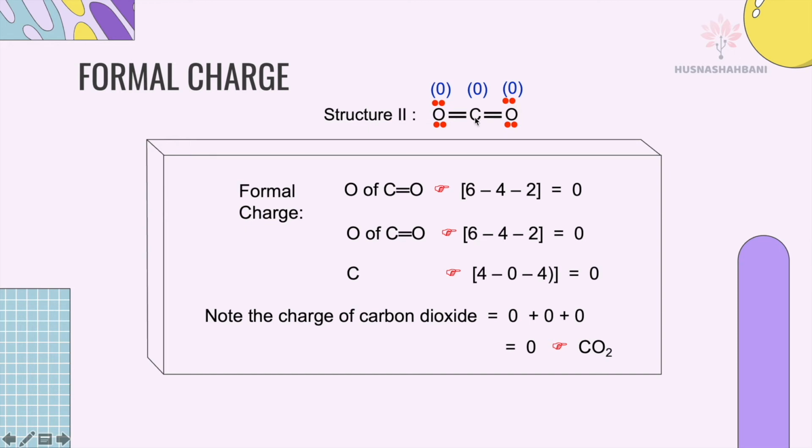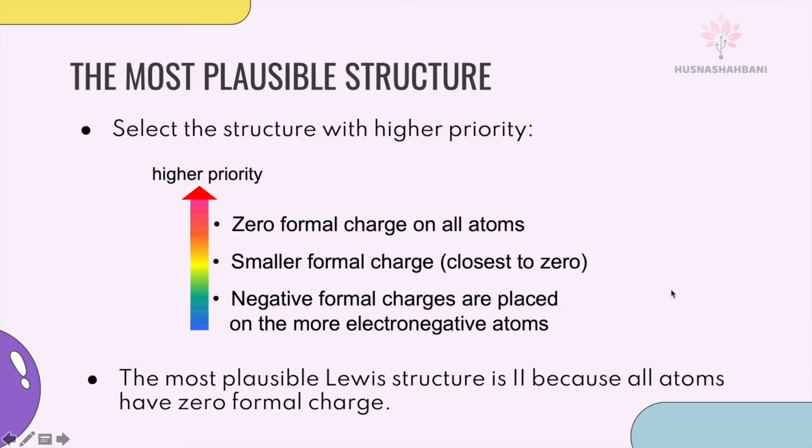And the carbon, 4 valence electrons minus 0 unshared electrons and 4 bonds, equal to 0. So all formal charges for this structure are 0. If you want to check, 0 plus 0 plus 0 is equal to 0. So these are the correct formal charges for carbon dioxide after you check.